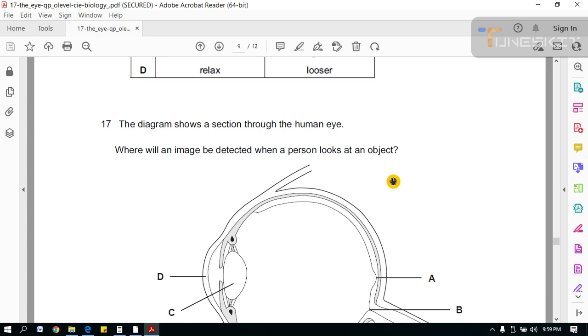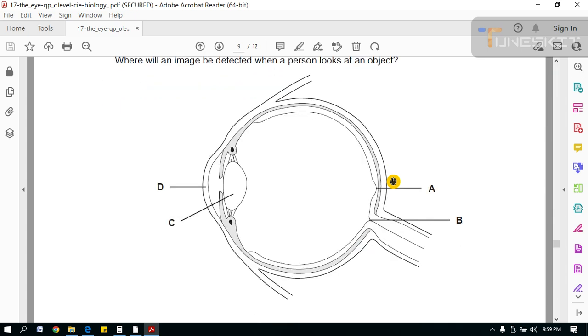Another question is, the diagram shows a section through a human eye. Where will an image be detected when a person looks at an object? You have different options.